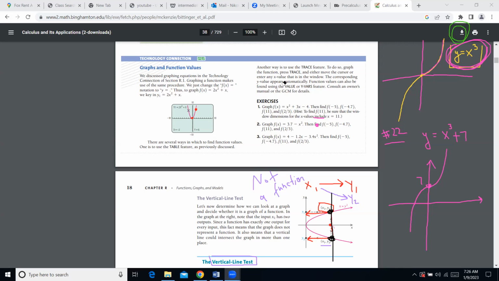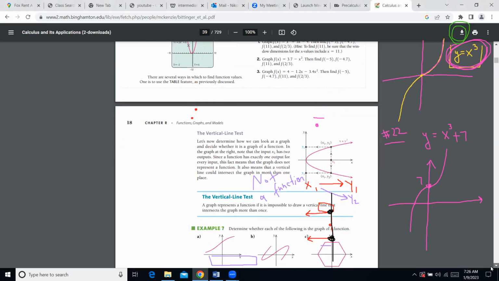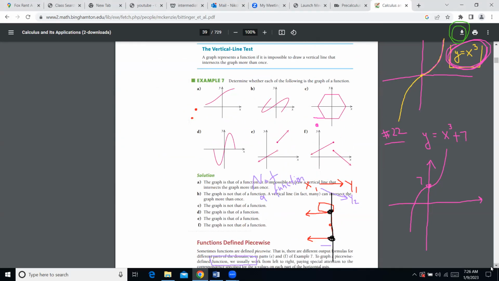So if you have a graph, and you find an actual vertical line that intersects at more than one point, that's it. You don't have a function. For example, part B up here is not a function because you can see the vertical line that intersects twice.